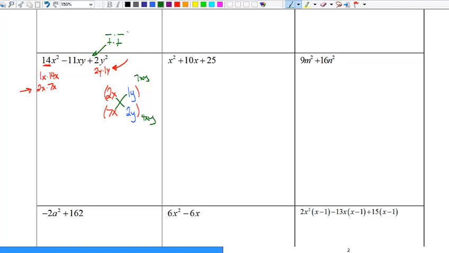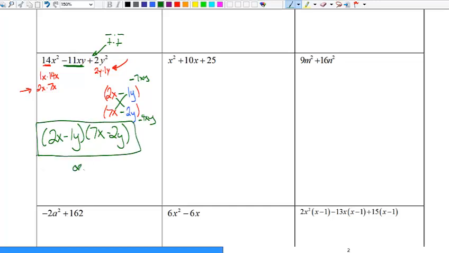In this case, I'm going to have 2 negatives. 7xy and 4xy do add to negative 11xy if they're both negative. So this factors into 2x minus 1y times 7x minus 2y. Is there anything else that can factor out of either of these two? No, so that's completely factored.